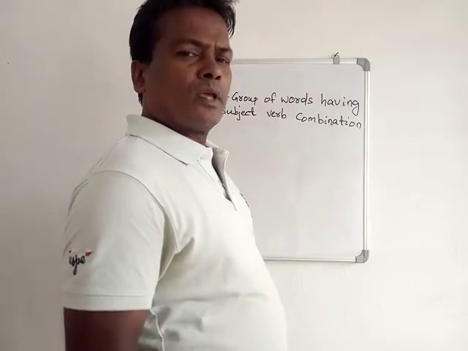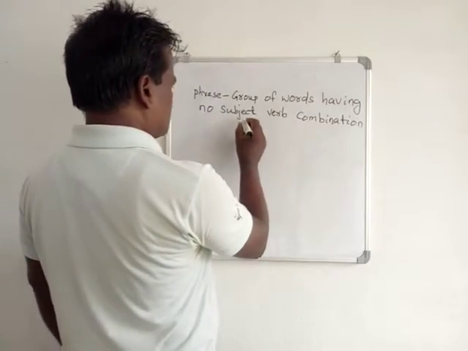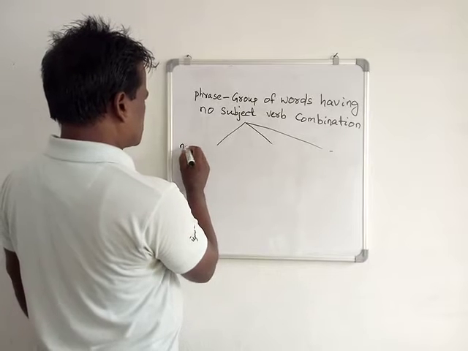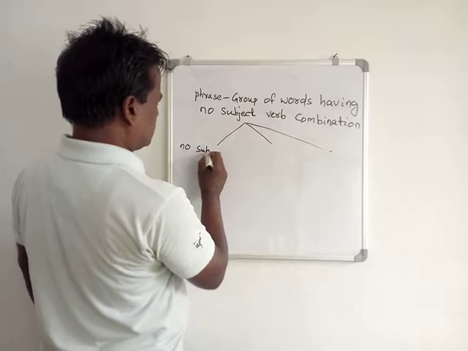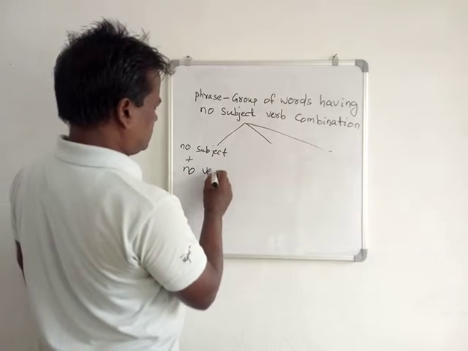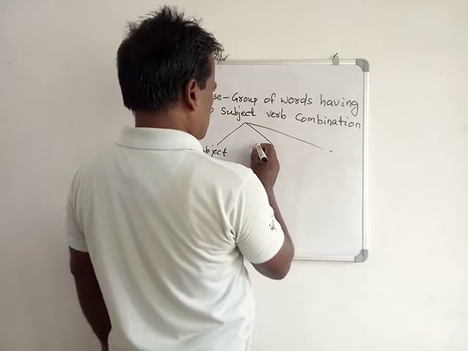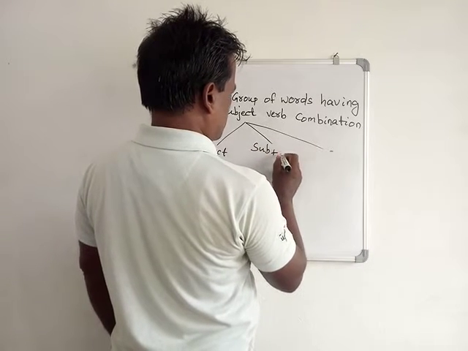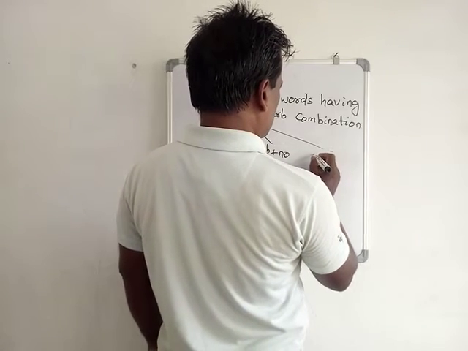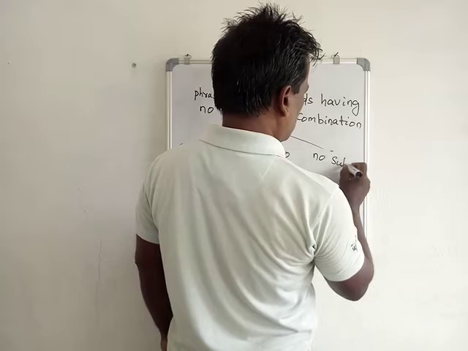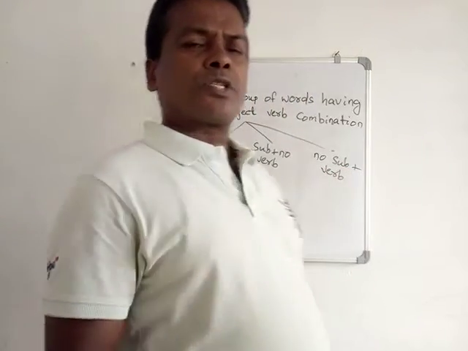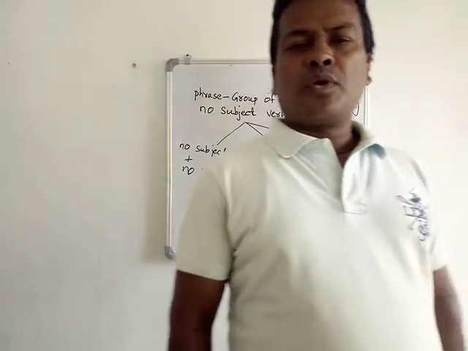This leads to three cases. First case, no subject plus no verb. In the second case, subject plus no verb. And in the third case, no subject plus verb. We shall discuss each with examples.